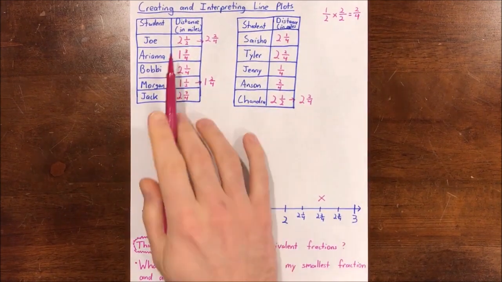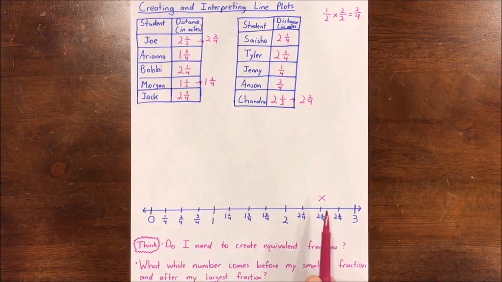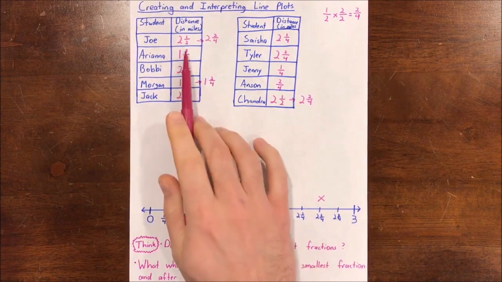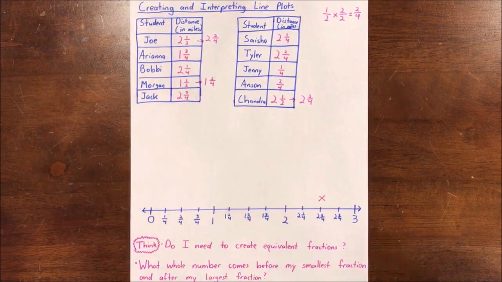Our first data point is 2.5. So I'm going to put that X right here over 2 2/4 because we know that 2.5 is equivalent to 2 2/4.